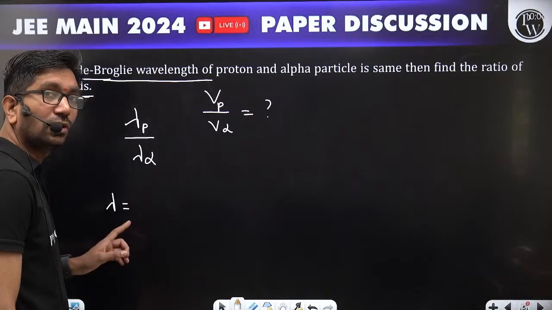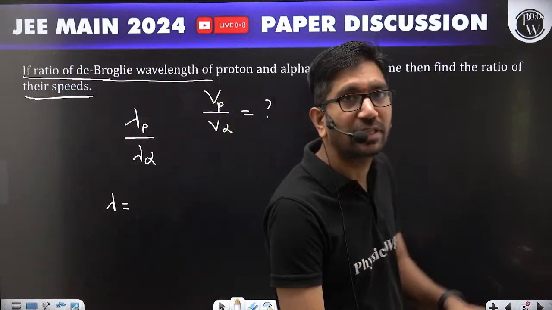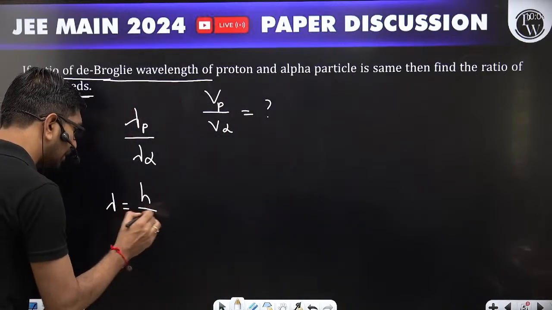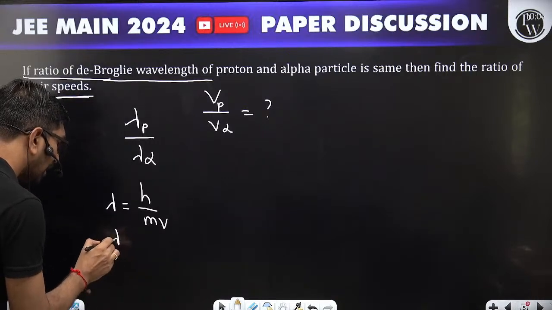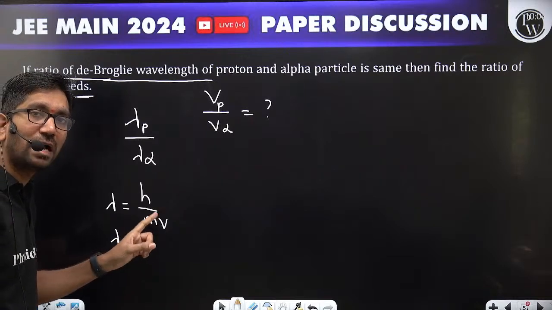The wavelength associated with any particle is h by mv. So the wavelength is inversely proportional to mass and velocity.